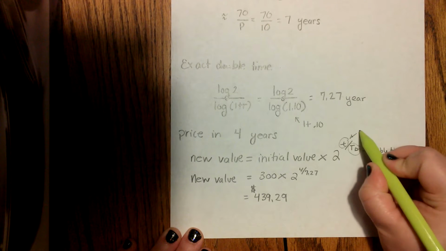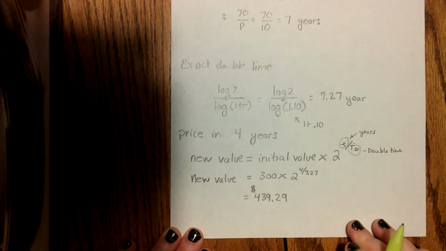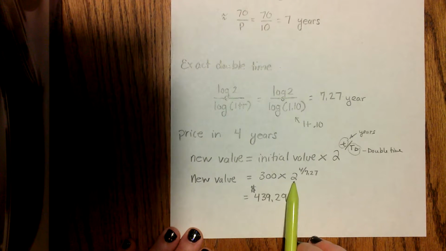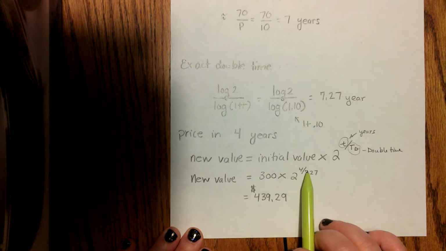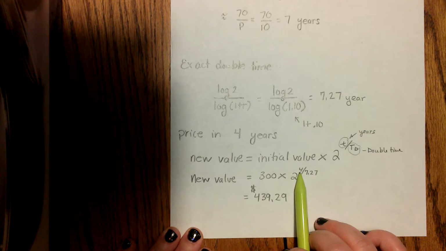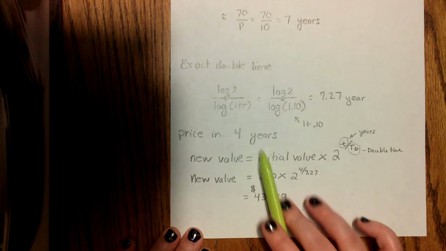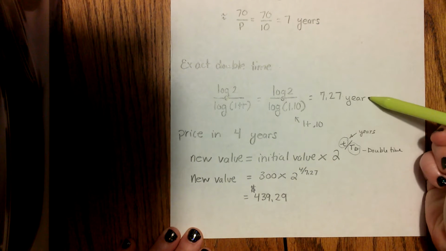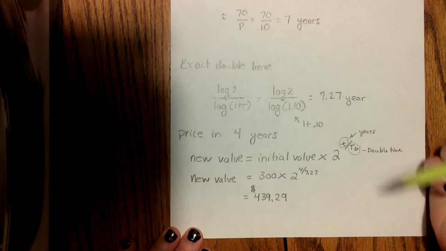And this is the number of years. So in this case, since our initial value is 300, I'm going to take 300 times 2 to the power of 4 divided by 7.27, 4 because we're asking about what the price will be in 4 years. And the 7.27 is because that was our exact doubling time.